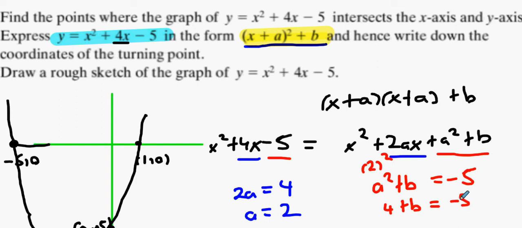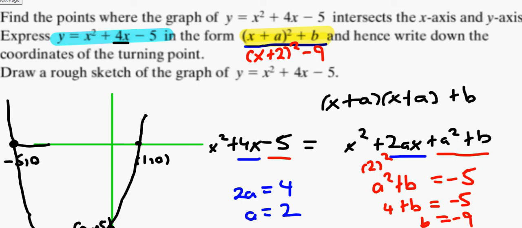And then b equals minus 9, and we end up back where we started, don't we? We end up with x plus 2 squared take away 9. So there is a backup plan there if you happen to be stuck on the day. Is that alright? Grand. Right, that's question 5.